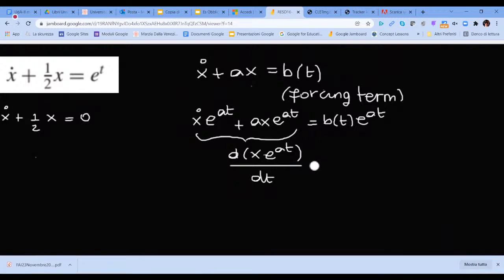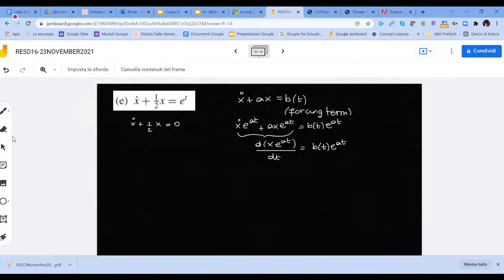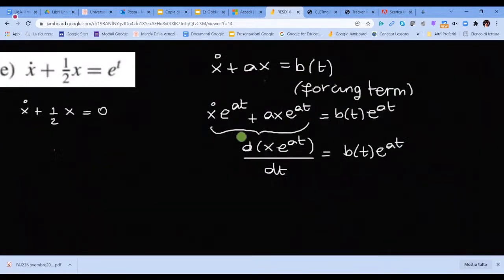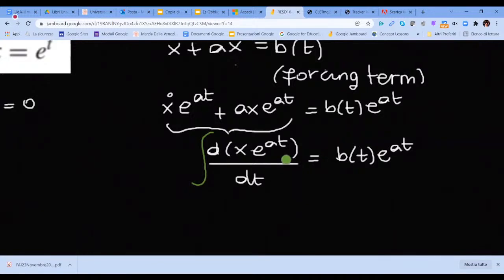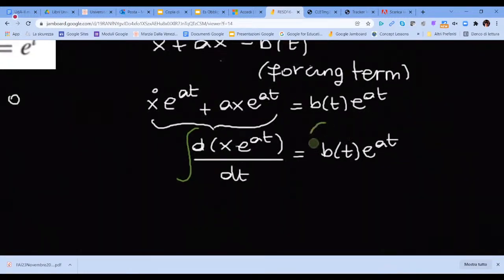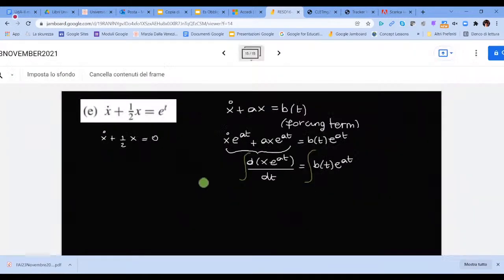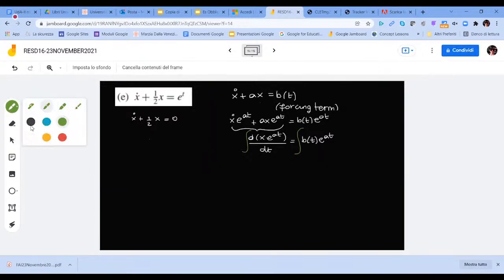That means that if we integrate both sides, so we compute the primitive at both sides, of course, we have to add the constant c. So this one will be x multiplied by e raised to a t.